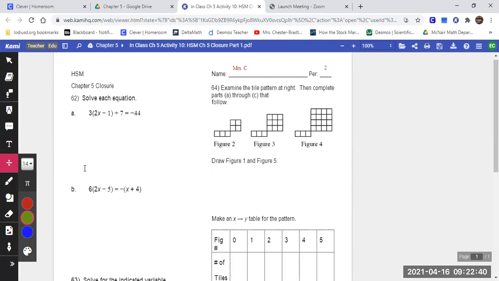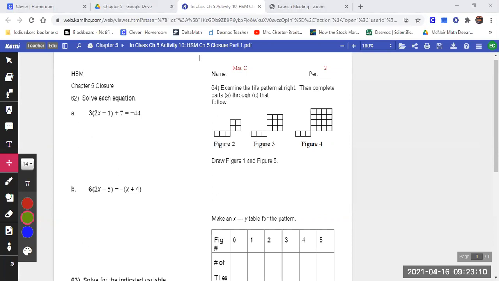So looking at it, what do we have to do first? What's our step one in a problem like this? Yes, the distributive property.